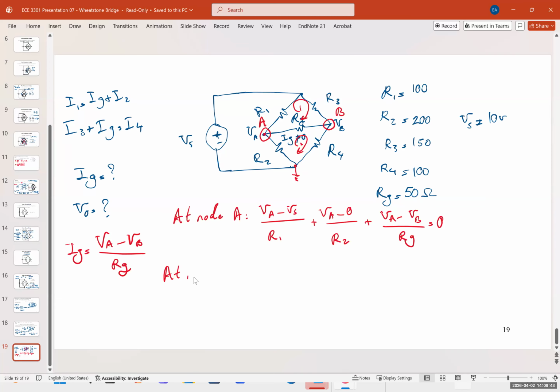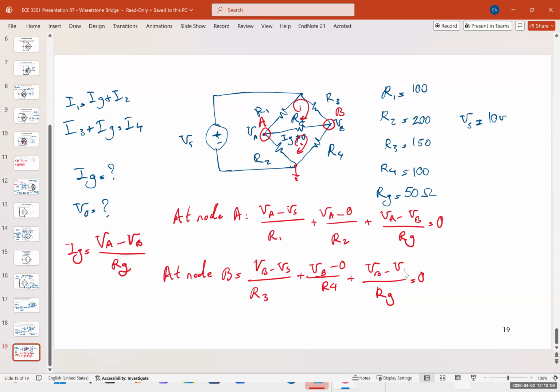And at node B, same thing: (VB minus VS) over R3, plus (VB minus 0) over R4, plus (VB minus VA) over RG is going to be equal to 0.